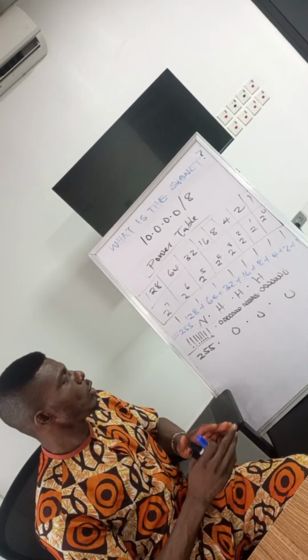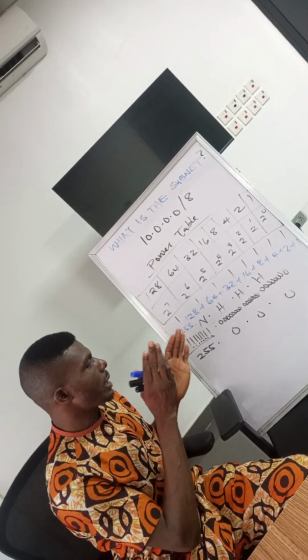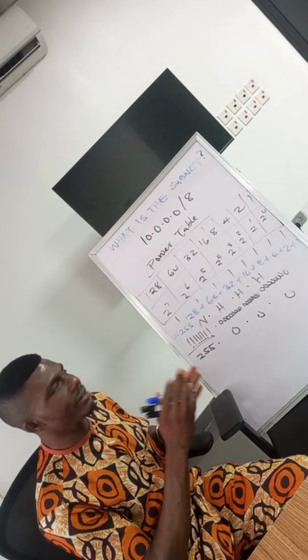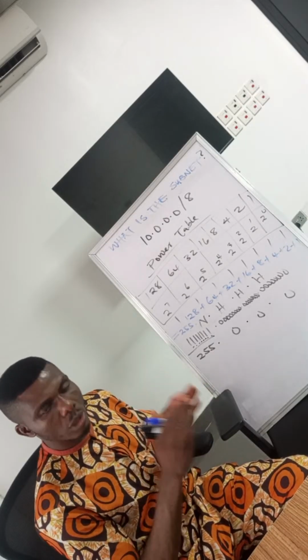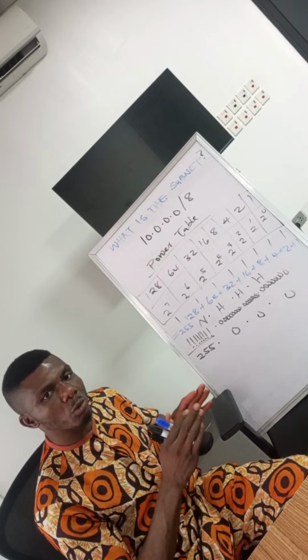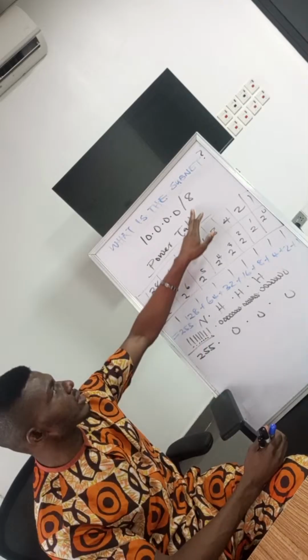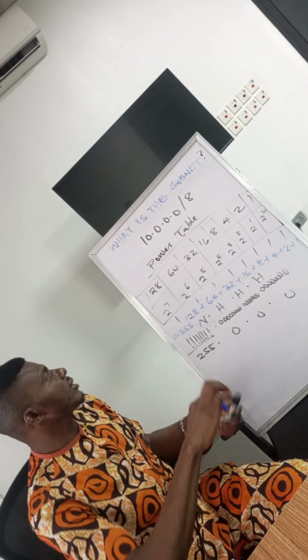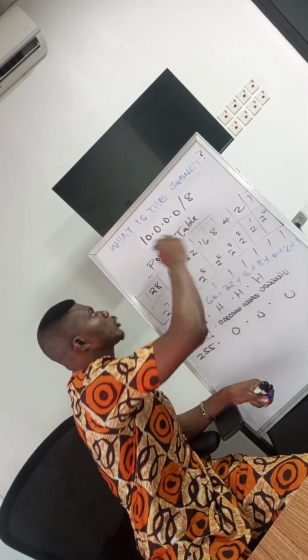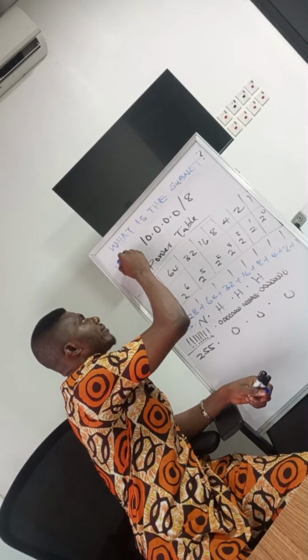Bits on the network portion are represented as 1, and on the host portion as 0. Here we are looking for /8, which simply means we put 1 in 8 places: 1, 2, 3, 4, 5, 6, 7, 8.